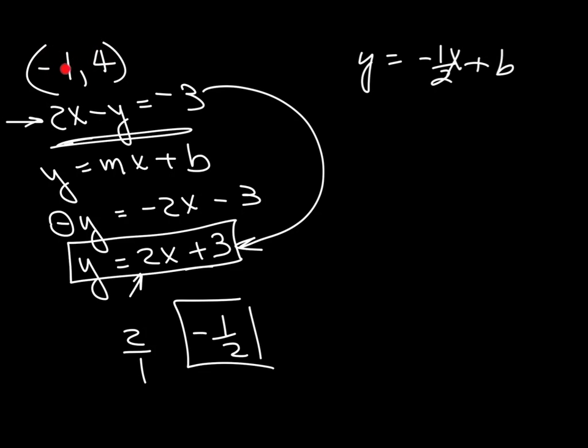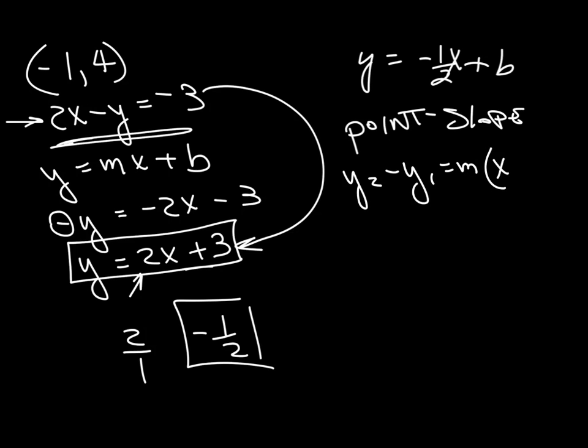So because I was given a point, and because I now have the slope, I can use, remember, the point slope form. The point slope form of an equation is y2 minus y1 equals m times x2 minus x1. Okay, remember that equation that they gave us?